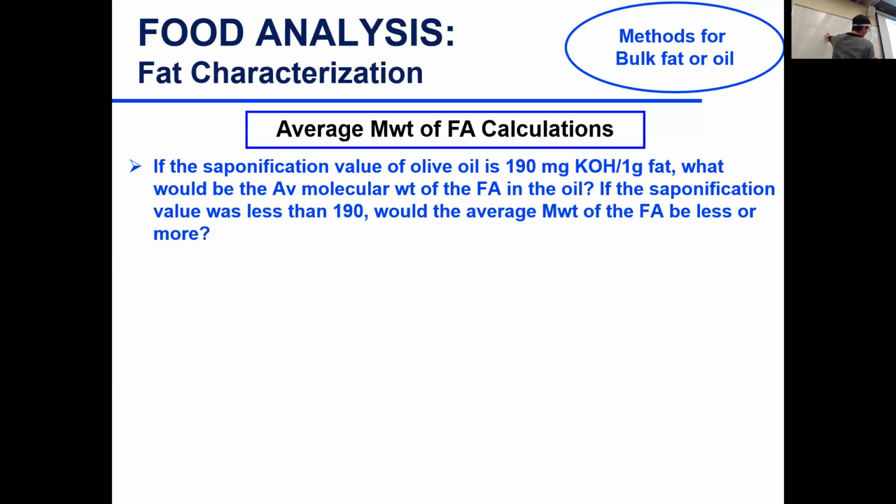So what's given here is that your saponification value is 190 milligrams per 1 gram. Your molecular weight of KOH is 56.1 grams per mole.